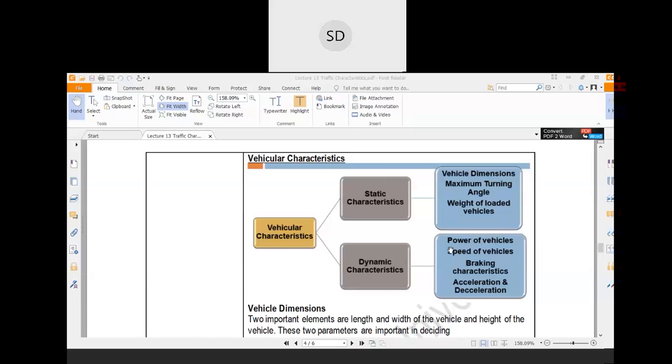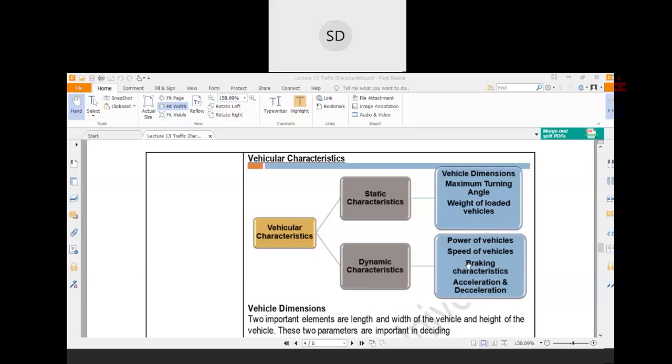So basically, this power of the vehicles changes rapidly to suit the different environment and roadway conditions. Then speed of the vehicle. The speed of the vehicles is also a dynamic characteristic because it also changes due to the different road users and traffic characteristics.